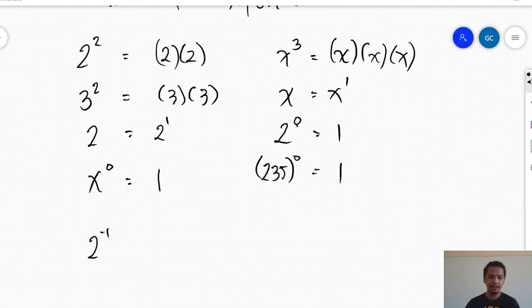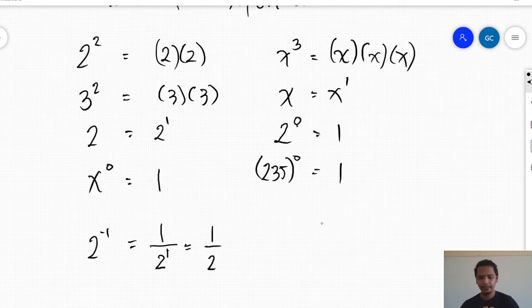Imbes na yung number ay i-multiply mo sa sarili niya ng paulit-ulit kung ano man yung exponent niya, ang nangyayari ay i-divide. So, magiging inverse siya. Imbes na 2 raised to negative 1, pwede natin siyang isulat ng 1 over 2. At yung exponent natin ay magiging positive na. Sabi natin dun sa rule natin kanina, if we have a number that is raised to 1, that is just equal to the number. So we have there 1 half.